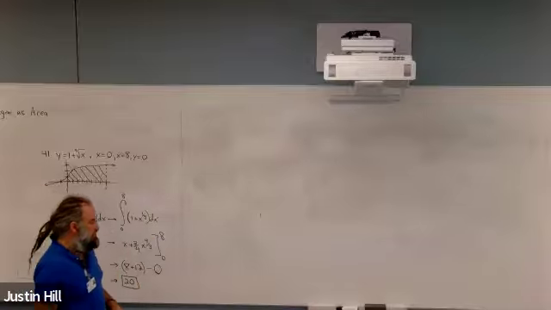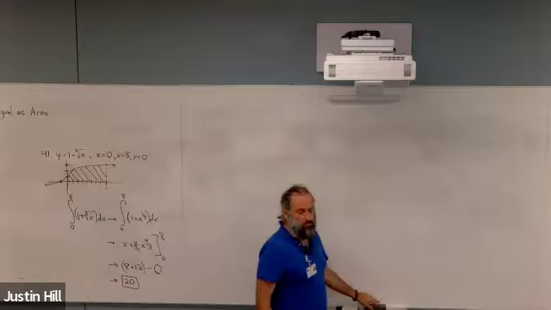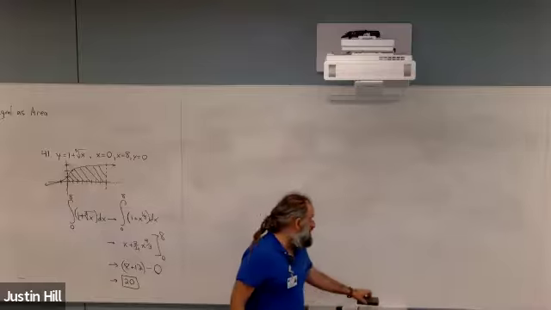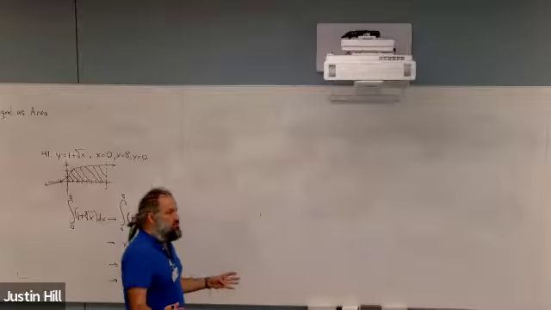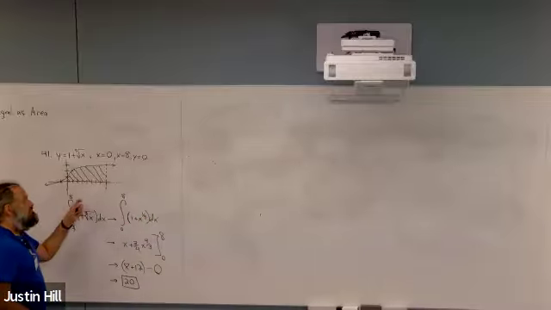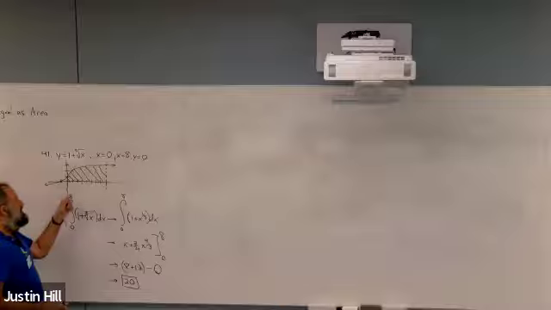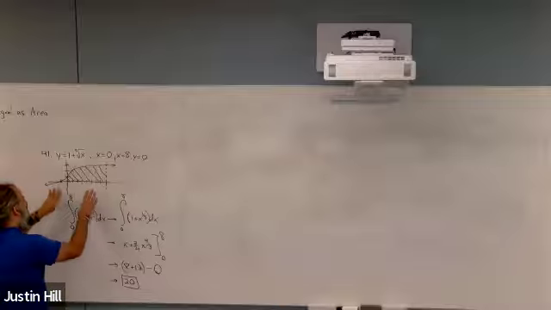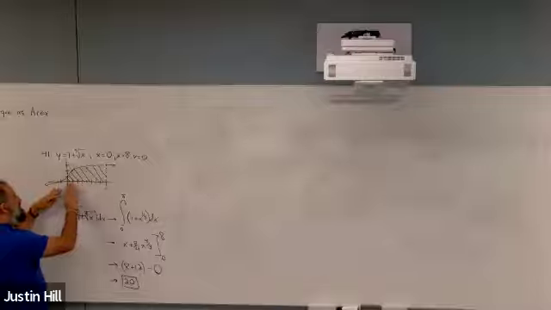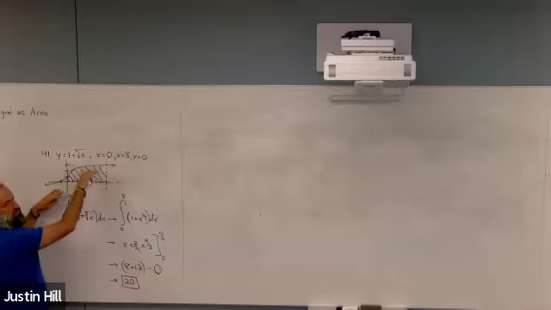Now I want to look at an example. I'm actually going to modify one of their problems in the book. So for every area that we've done so far in this lecture, I've noticed that when I set up the boundaries and everything, the curve naturally was over the x-axis.